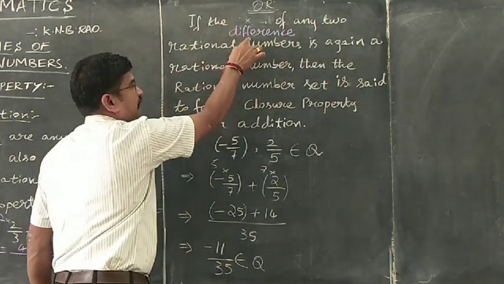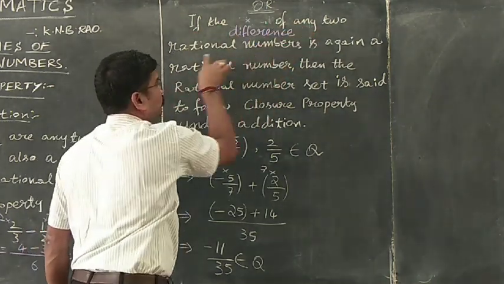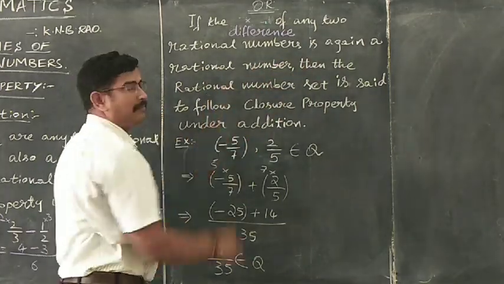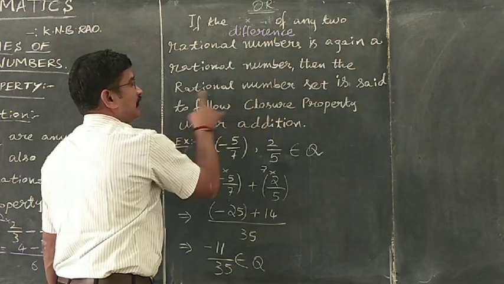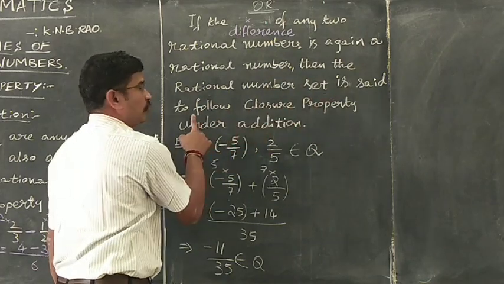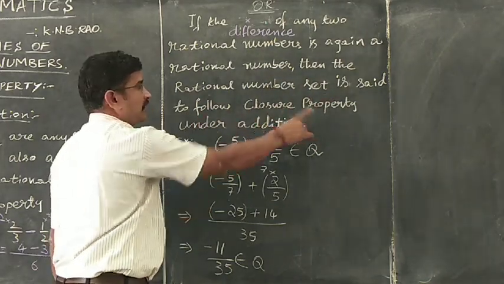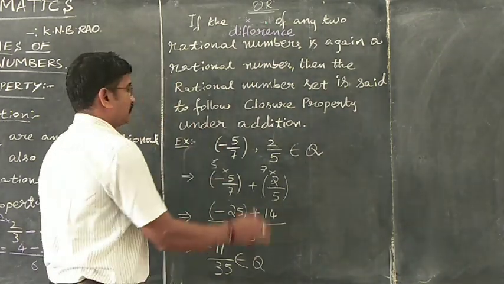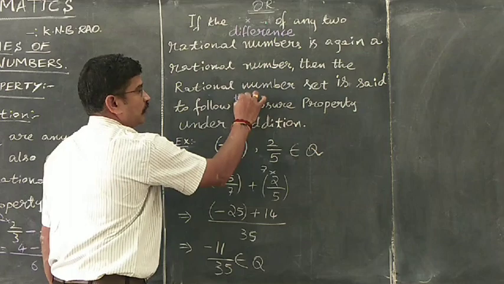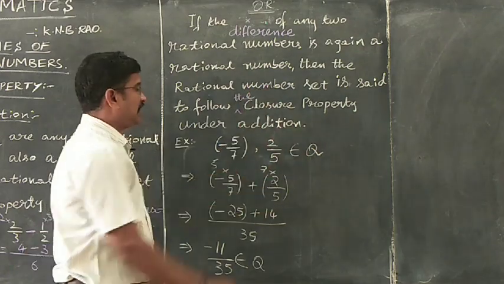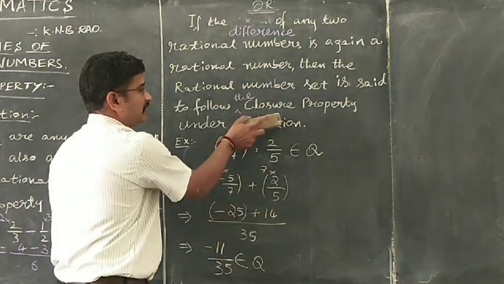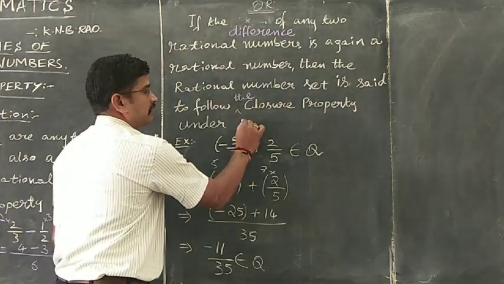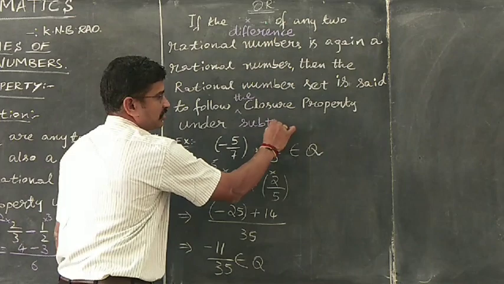If the difference of any two rational numbers is again a rational number, then the rational number set is said to follow the closure property under subtraction.